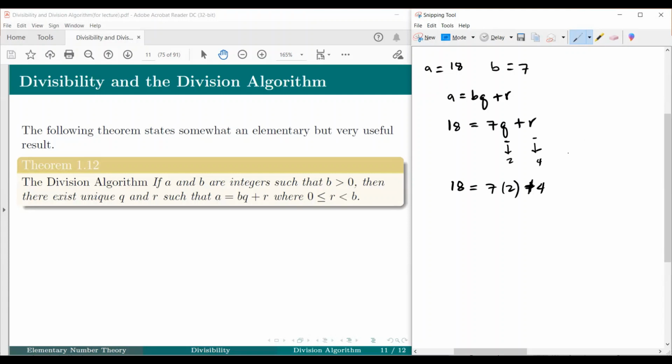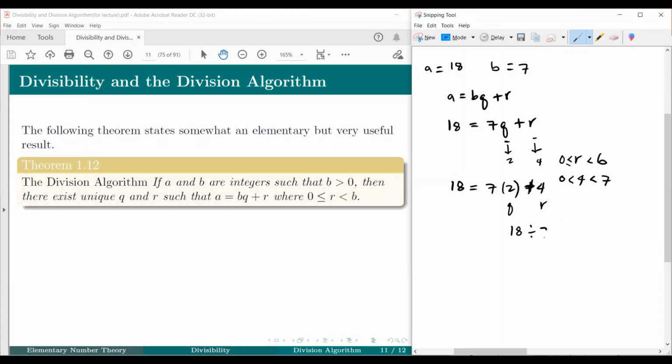Now notice here, R should be greater than or equal to 0, but less than B. So our 4 here, notice the 4 is greater than 0, pero less than siya ni 7, which is our B. Now here, Q is our quotient and R is our remainder.